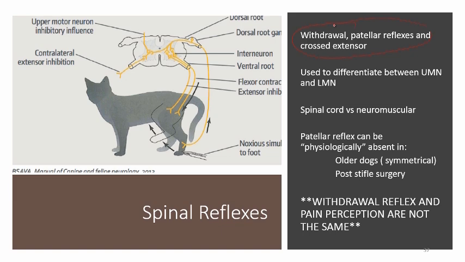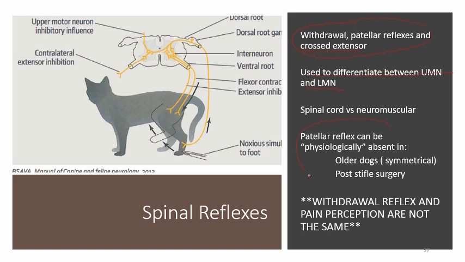And then the crossed extensor, I have a great video of that in case you don't know what it is, but the crossed extensor really is the one that I use to differentiate upper motor neuron and lower motor neuron disease. I'm using reflexes to differentiate spinal cord versus neuromuscular disease, but here's something that I think people don't think about much.